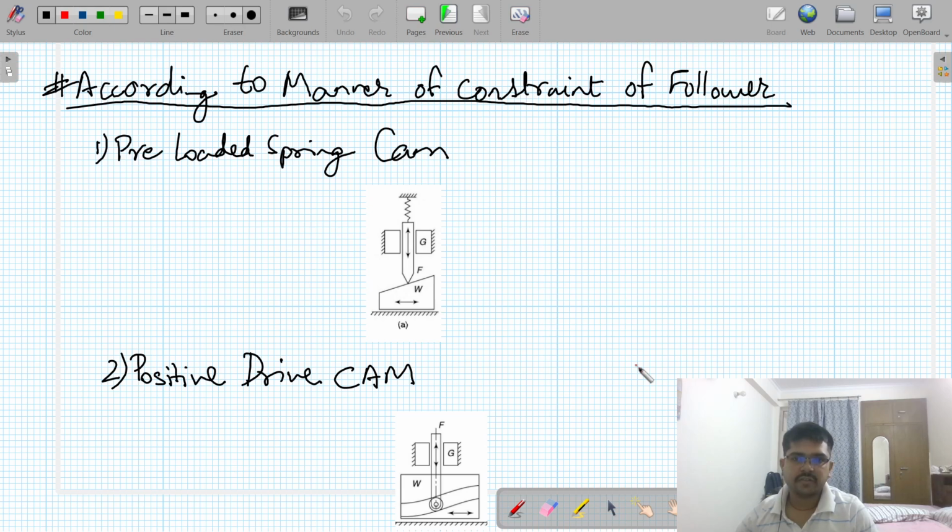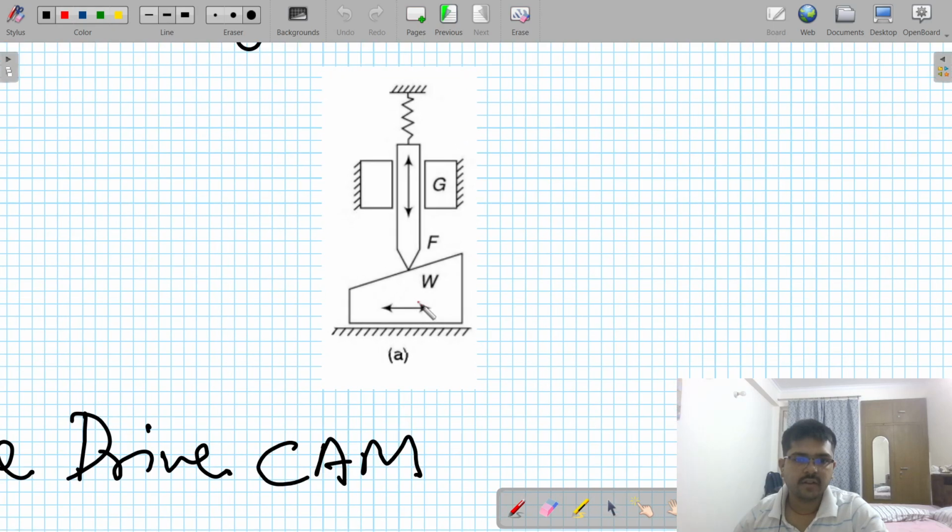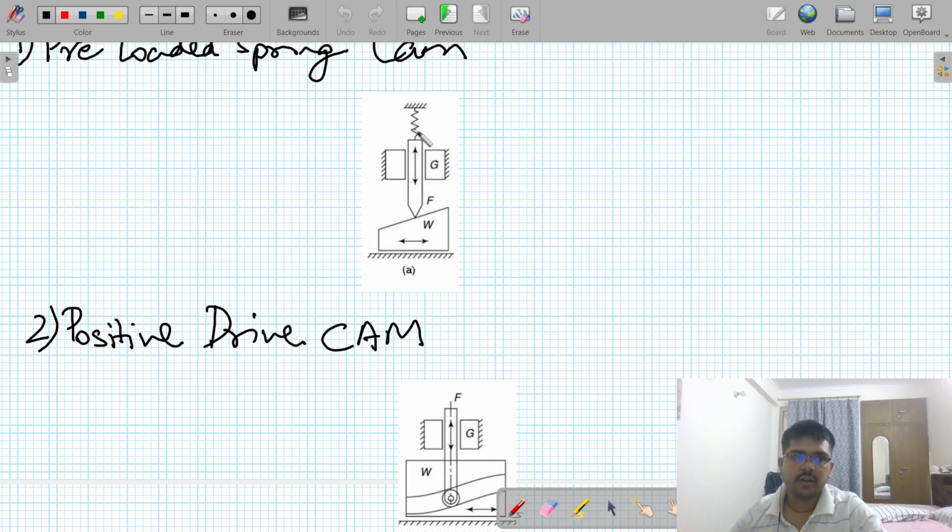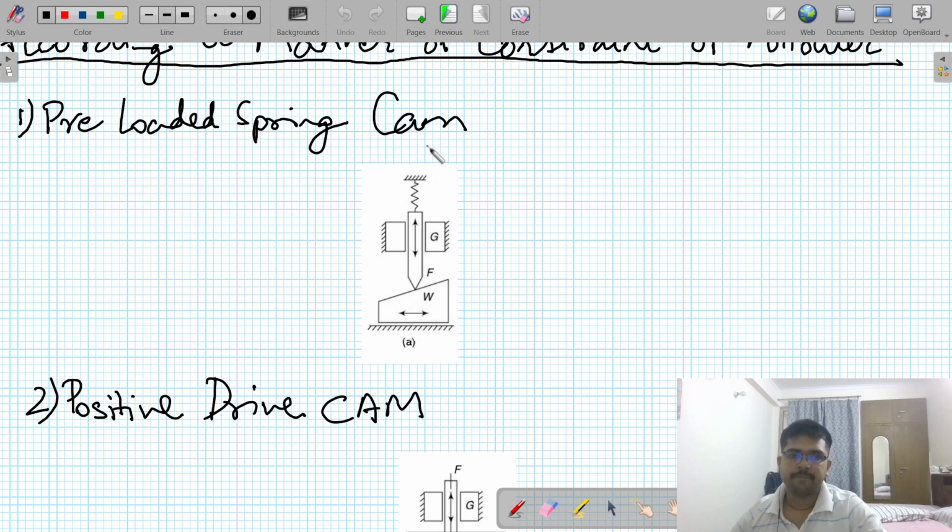The very first one is preloaded spring cam. In this we have a cam, a wedge here, and there is a spring attached at the end of the follower. So this is constrained by a spring, so that is why it's called preloaded spring cam.